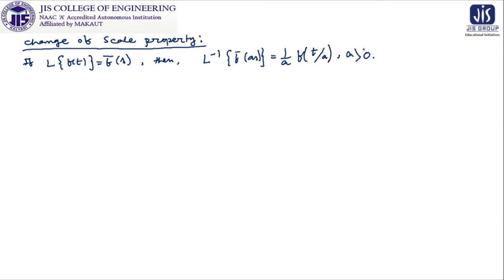We can easily prove this property, though it is not there in the structure of the syllabus, but from the change of scale property of the Laplace transform we can easily find this result. So better to move to one example.